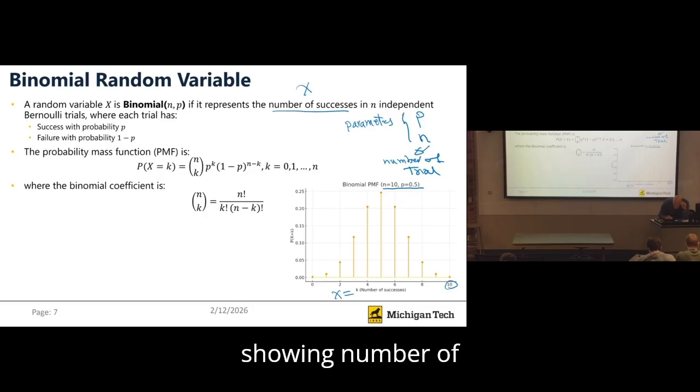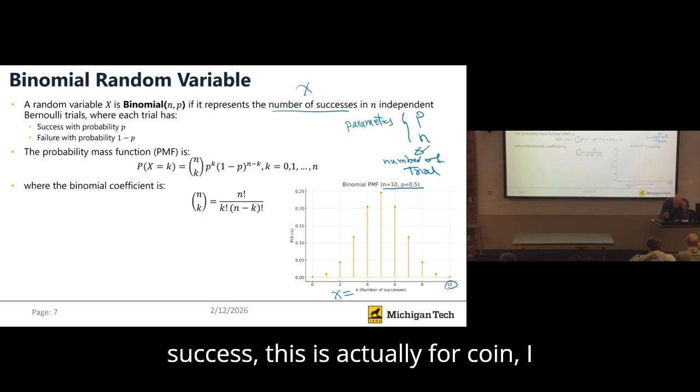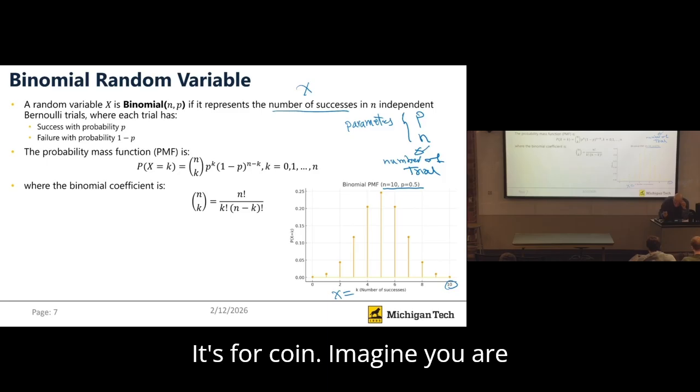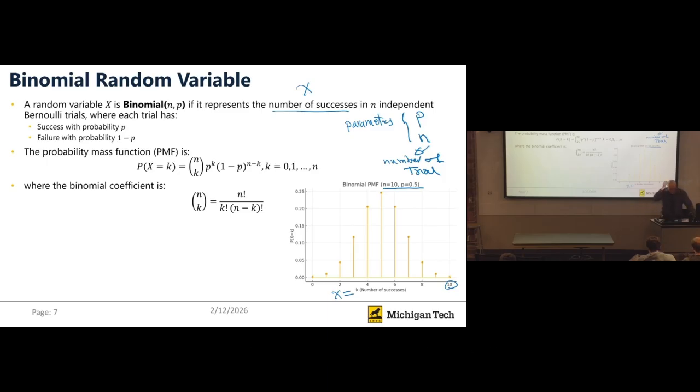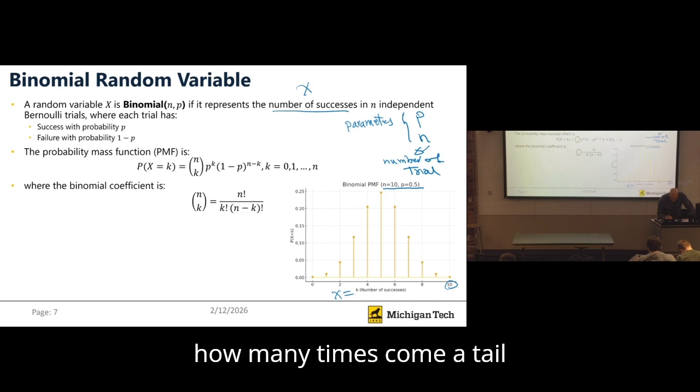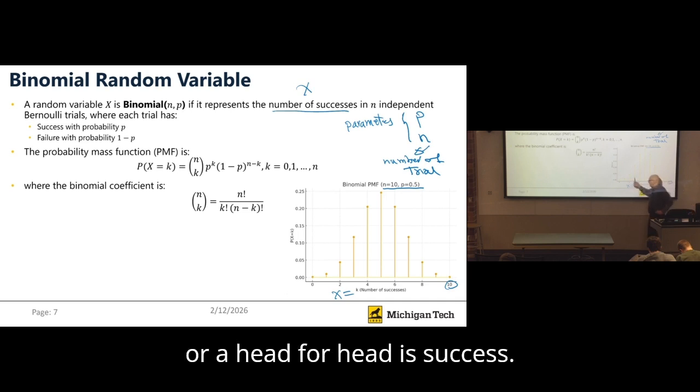For example, showing the number of successes, this is actually for a coin, I think, because the probability is half. Imagine you are dropping the coin 10 times, and you want to see how many times a tail or a head comes.